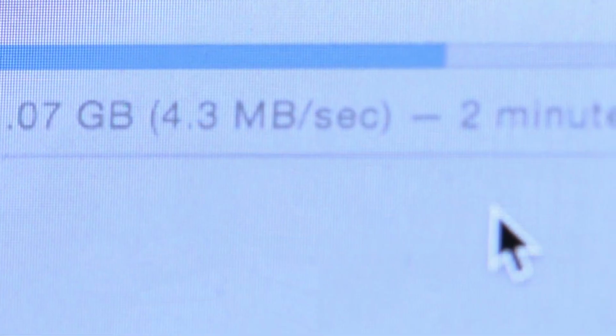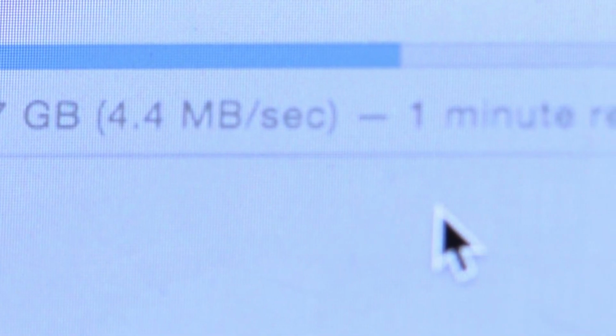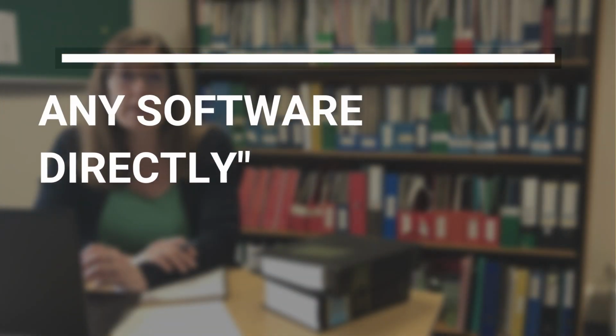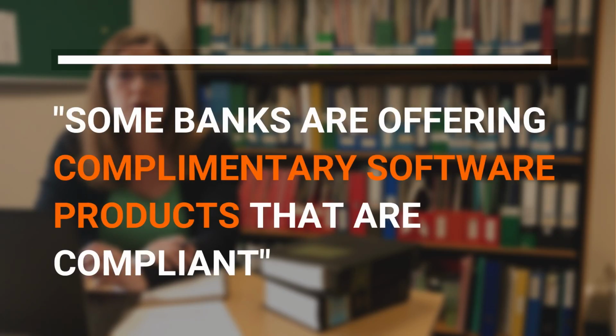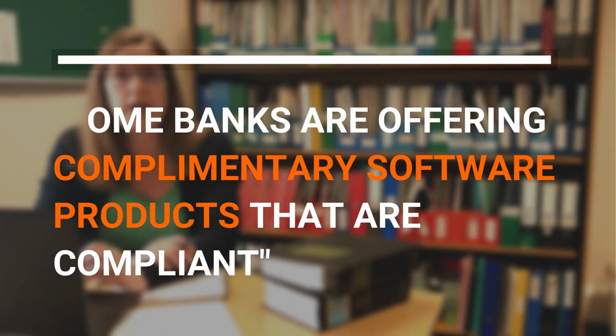There is a misconception that HMRC will provide free software, but HMRC has confirmed that it will not be providing any software directly. Members have confirmed that some banks or other organisations may offer complementary software products that are compliant with MTD for VAT.